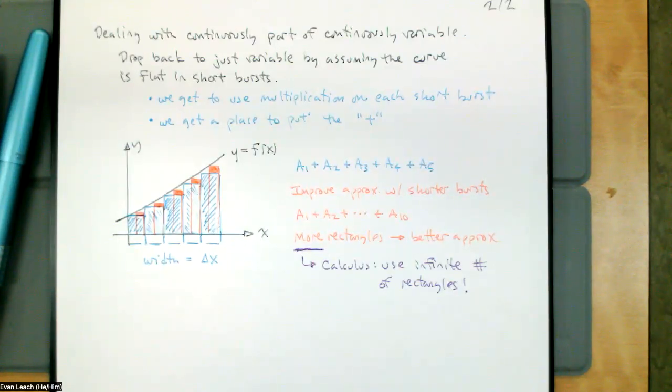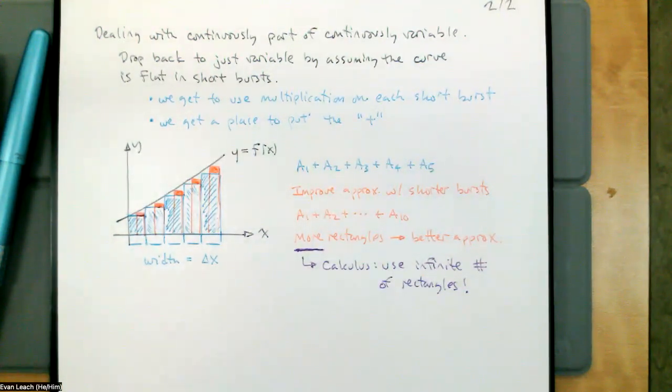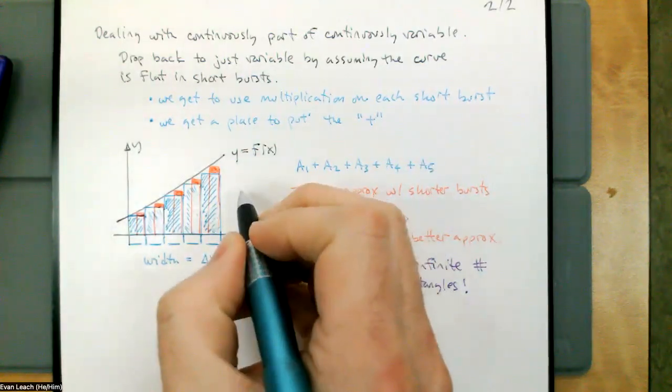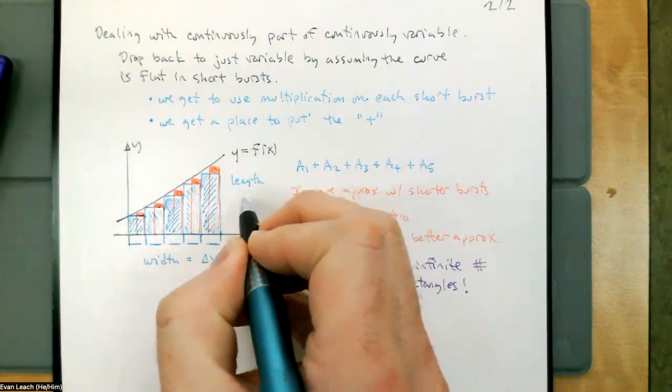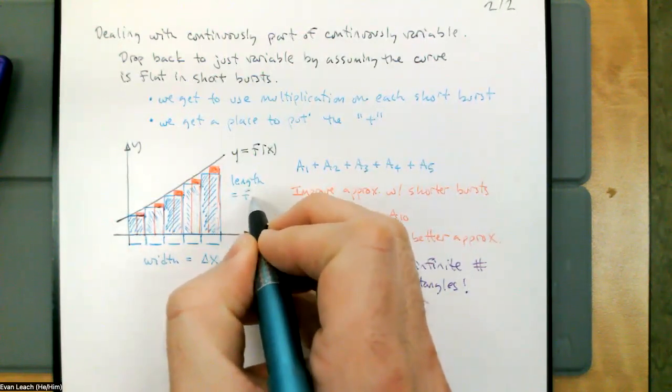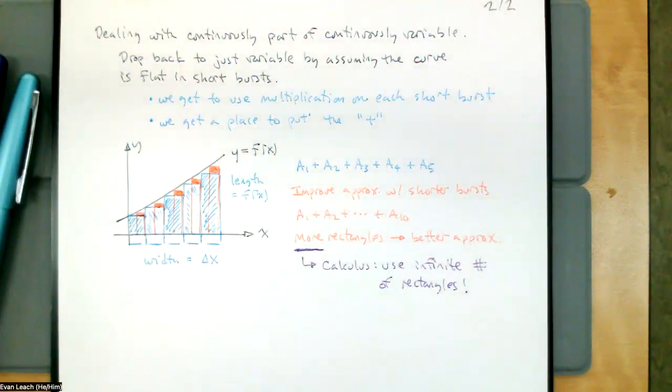In this case, something slightly different happens, even though it's still a delta x going to 0. On each of these rectangles, we're calculating the area, and our length is going to be given by the function, but we're going to pick a particular value of the function.